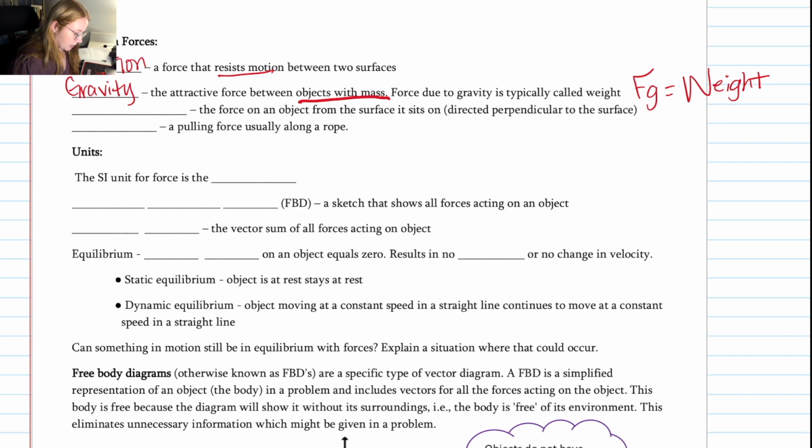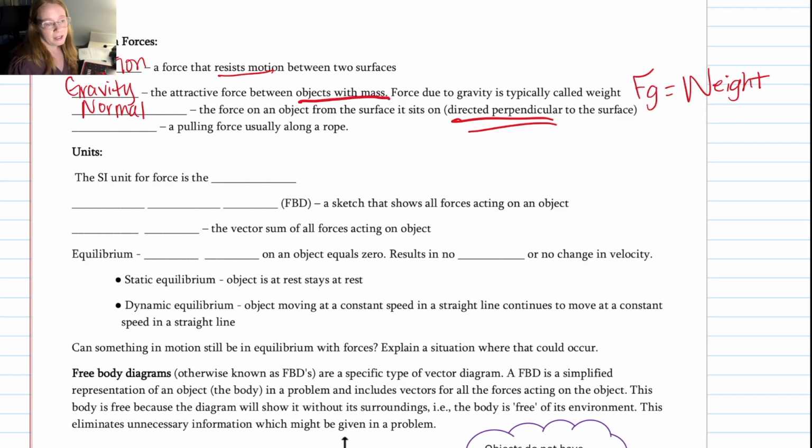The force on an object from the surface it sits on is called the normal force. The normal force actually gets its name because it's perpendicular to the surface. If we're talking in terms of math, a normal means that it's perpendicular or at a right angle. So anytime you set an object down on a flat surface, that surface will be pushing back up against gravity.